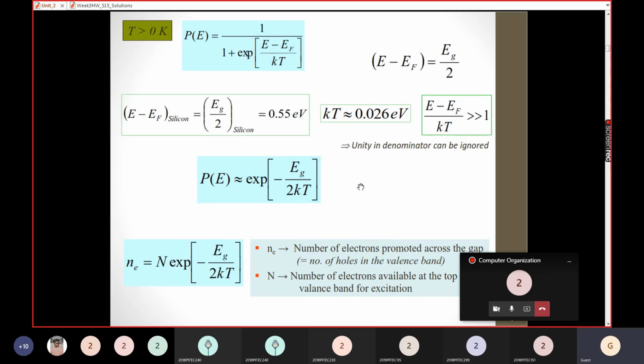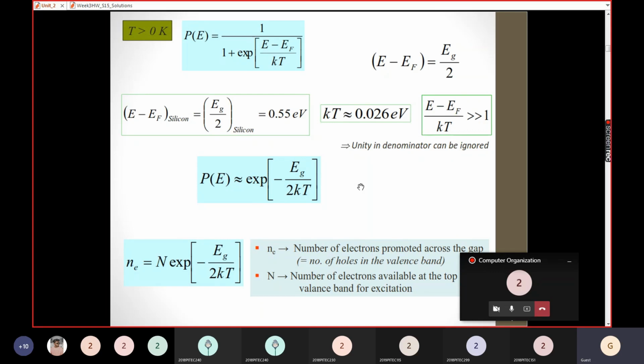So the temperature multiplied by the constant value will be equal to 0.026 electron volts. With these two different values you can directly solve the problem. Now you can see that if they have given you silicon, 1 divided by 1 plus e power 0.55 divided by 0.026, you can substitute it directly.